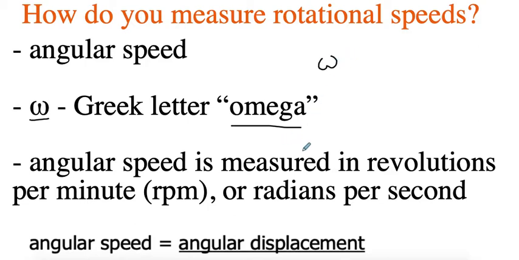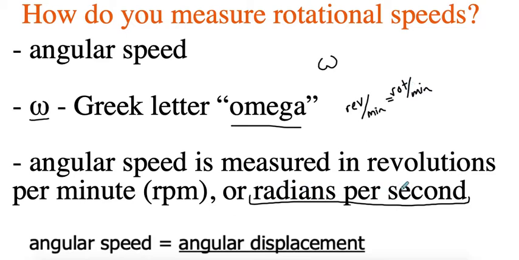So angular speed is measured in revolutions per minute, but most of the time we're going to be using radians per second unless it states otherwise. And the revolutions per minute, we've written it like this, and we've also done rotations per minute. Those are the same thing. So we just have to understand revolutions and rotations are going to be equal here.